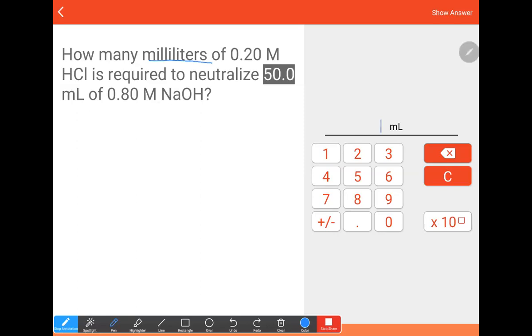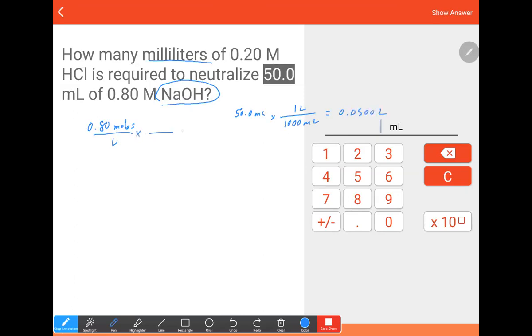So let's figure out how many moles of NaOH we have. We're going to say 0.80 molar is moles per liter. I need to get rid of liters, so I'm going to convert 50 milliliters, 1,000 milliliters per 1 liter. So I'm going to get 0.0500 liters.